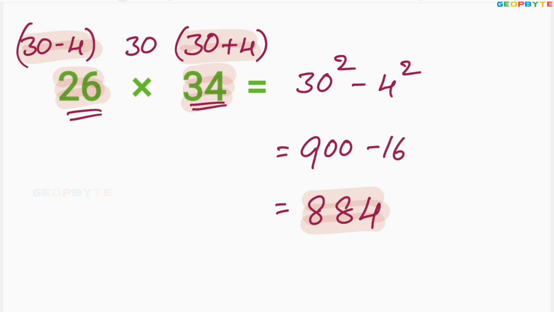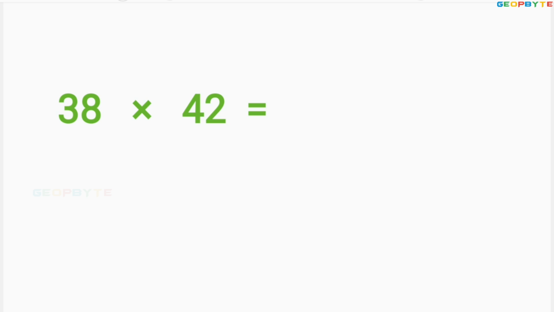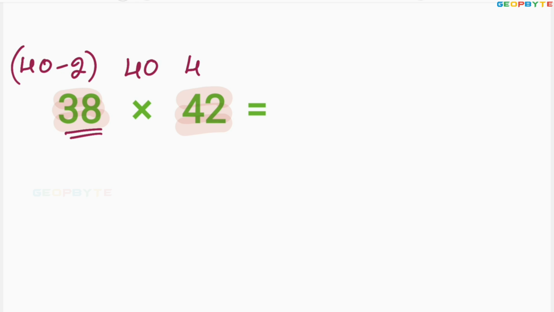Similarly, let us take the last problem. Look at the last problem, 38 into 42. What is the middle number between these two? 40. This 38 you can write as 40 minus 2. The other one 40 plus 2.